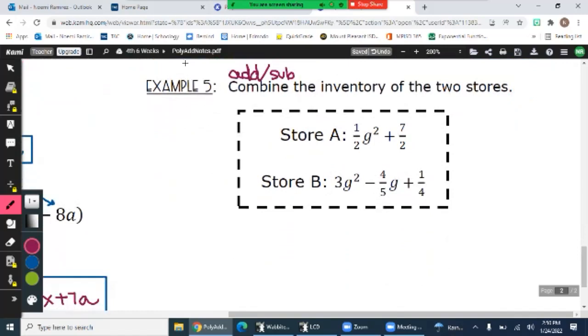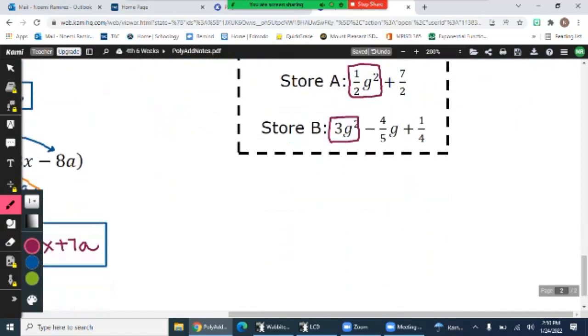So what can I combine with 1/2 g squared? Can I add a fraction with the whole number? Yes. Can I do it in my head? Probably not.